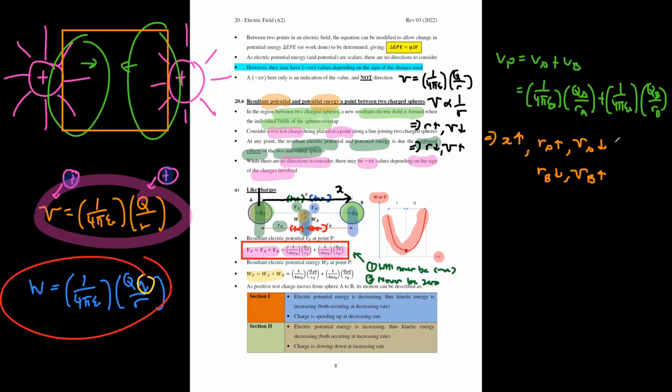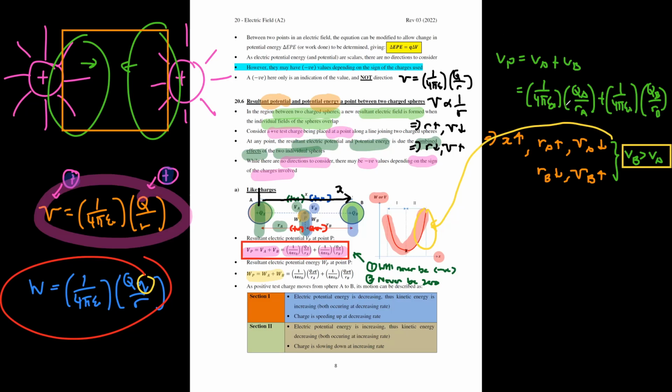So what this means is that your VB will start to become larger than your VA. Your VB will become larger than your VA. This particular case is reflected by this part here.